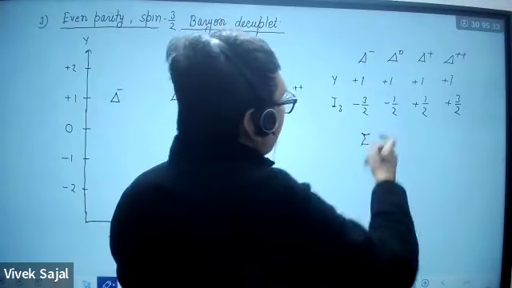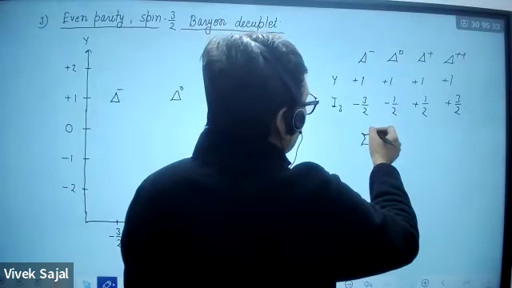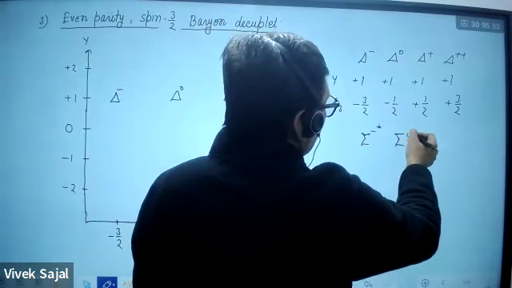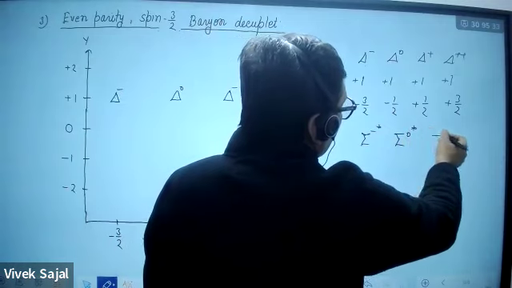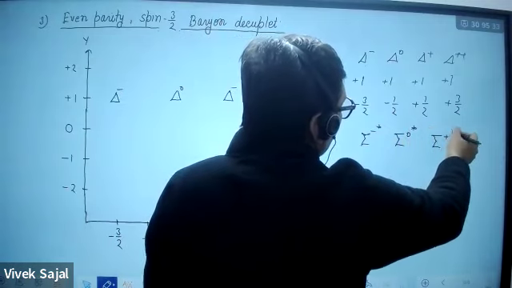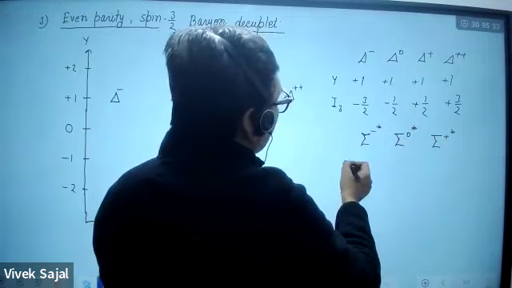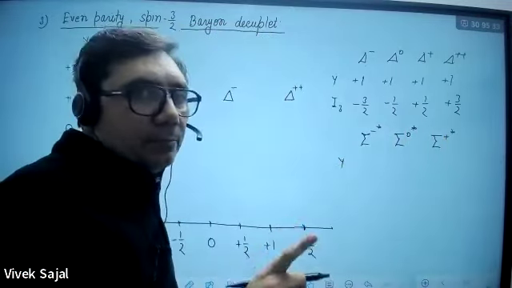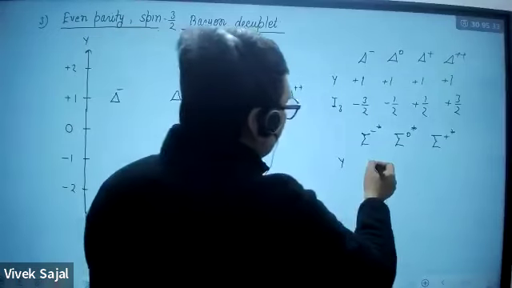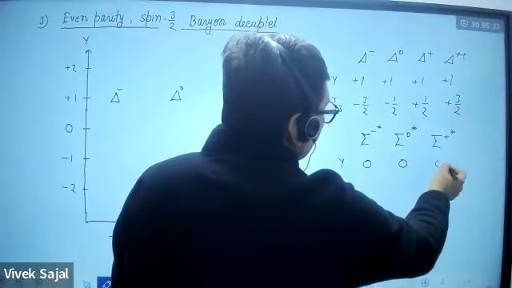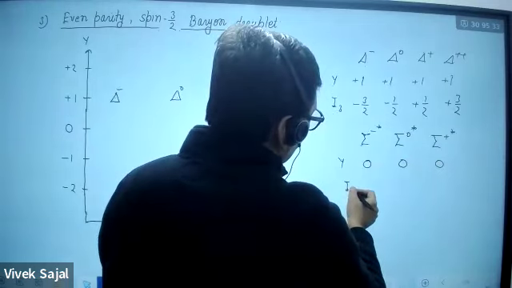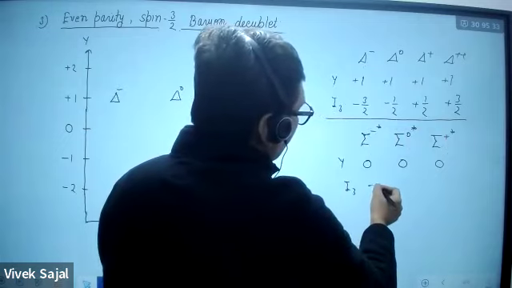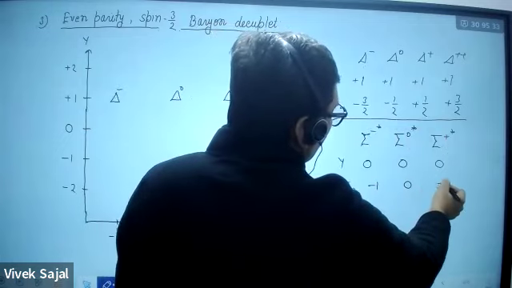Sigma. This will be sigma negative star, sigma neutral star, sigma positive star. And here what will be this Y number? Strangeness number here is -1, baryon number is +1. So this will be 0, 0, 0. And here the I3 number will be -1, 0 and +1.